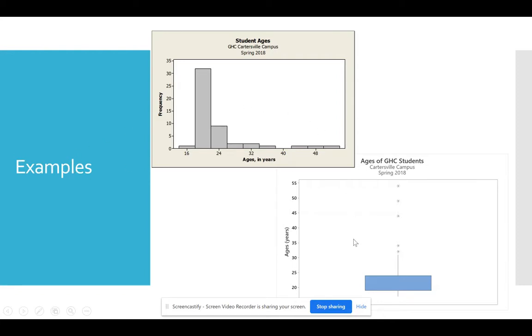So they each have their usefulness. Again, it depends upon what kind of information you're trying to communicate and so forth. And as I mentioned earlier, in a separate video you can review how to use Minitab to calculate your measures of center, variation, and position.